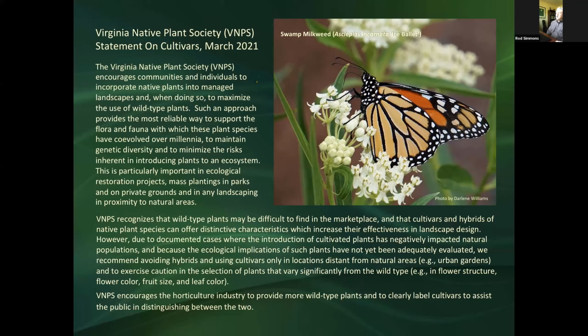You don't make it stronger, you end up polluting it, because there's a reason the white form is extremely rare. And to artificially introduce it into other areas where it's not native can be a serious problem.